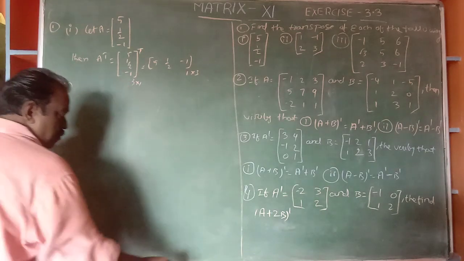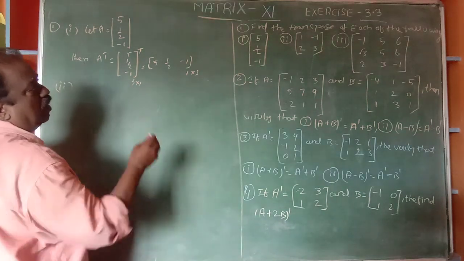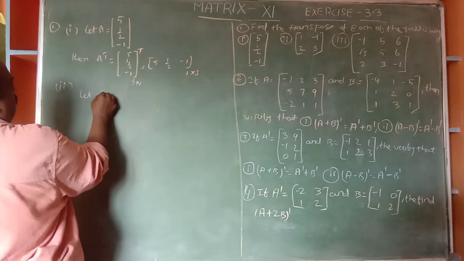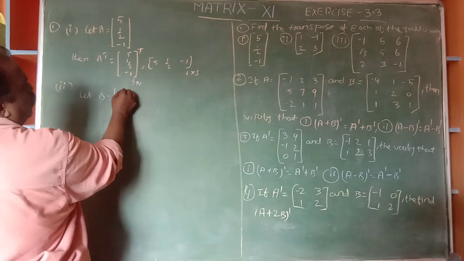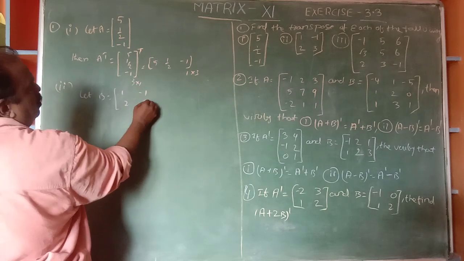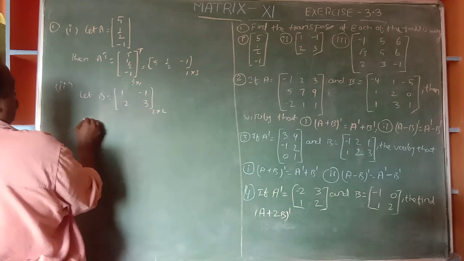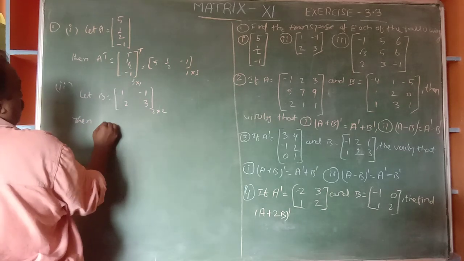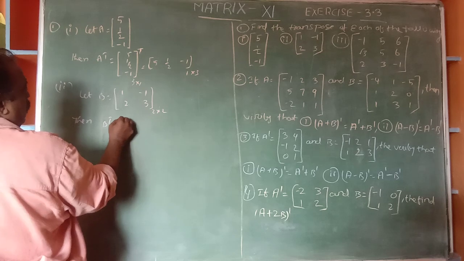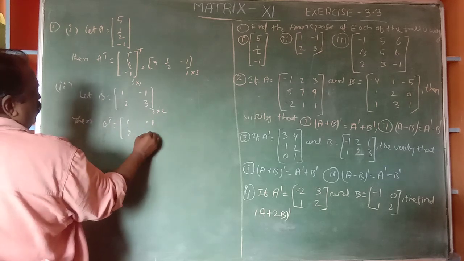And number 2: let B is equal to 1, minus 1, 2, 3. It is a 2 by 2 matrix. Then B transpose is the transpose of 1, minus 1, 2, 3.